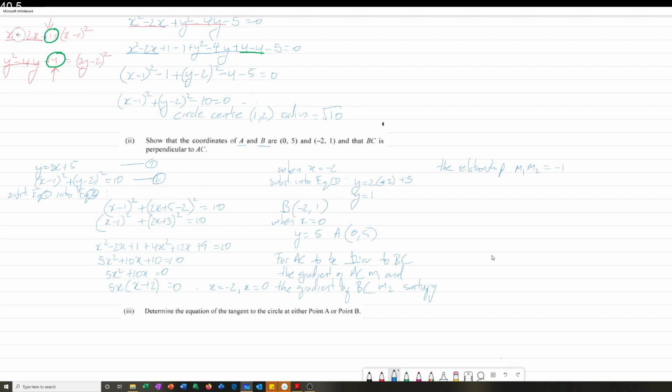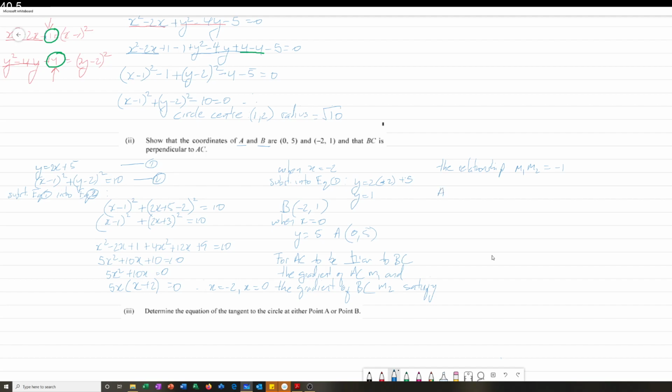So if the gradient of AC is M1 and the gradient of BC is M2, then M1 by M2 has to be minus 1 for them to be perpendicular. So we need to find these gradients. Well, that's easy. So just let's write the equations. Let's remind ourselves what the coordinates are.